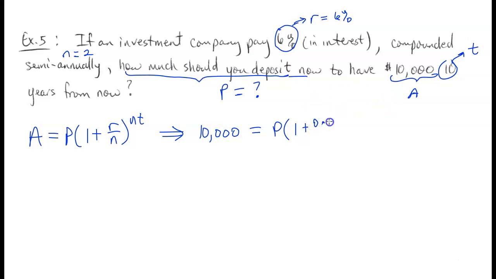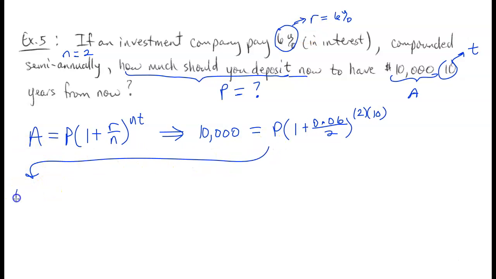So that's going to be 0.06 divided by 2, since we have 2 compounding periods, and that's going to be raised to the 2 times the amount of years, which is 10. Okay. So once we have this, of course, we just need to solve for P.